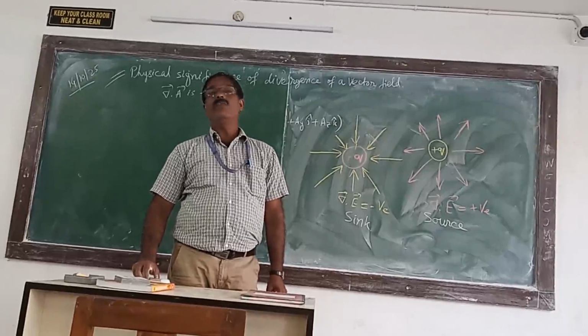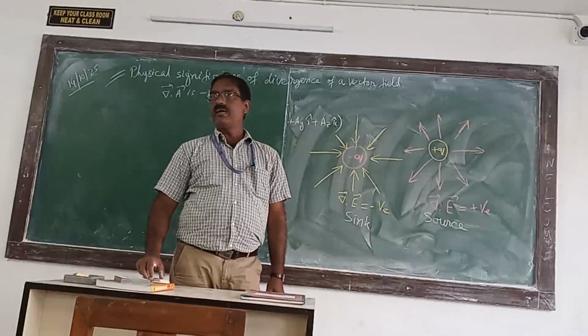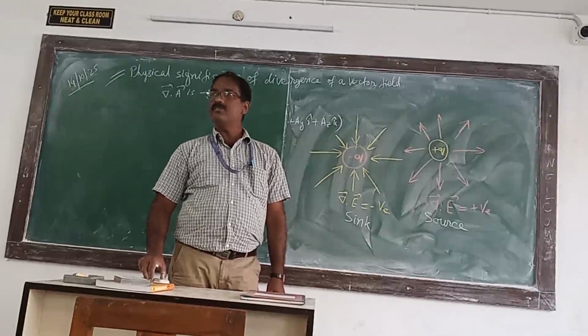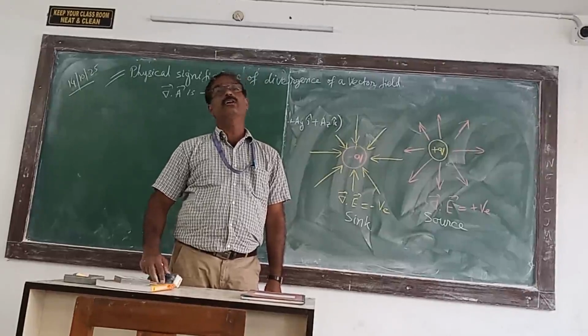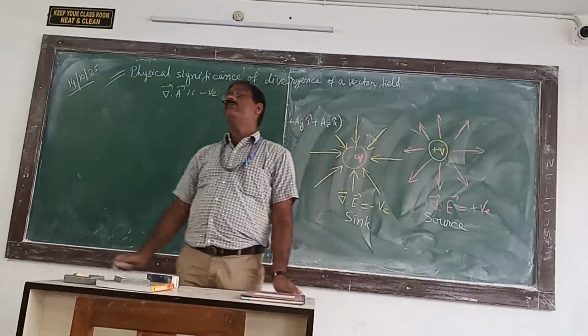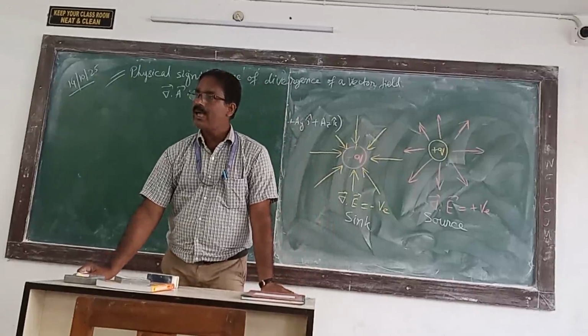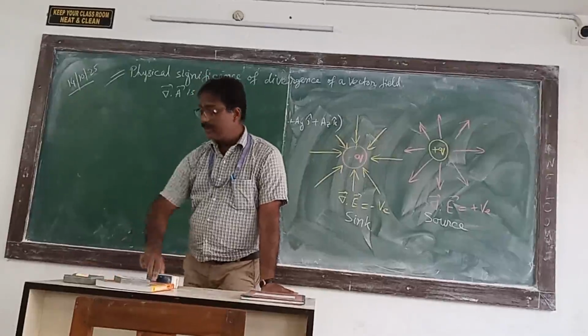Then the divergence of the field is 0. Not negative, not positive, that is 0. So divergence of A equals 0, and then the vector A is called a solenoidal vector.